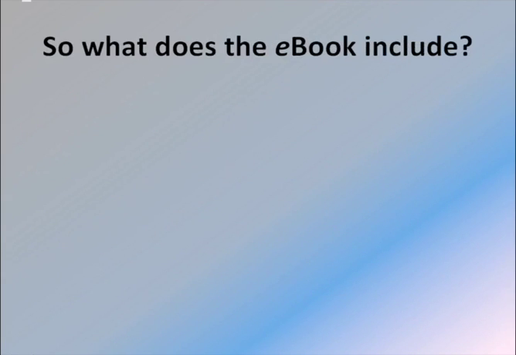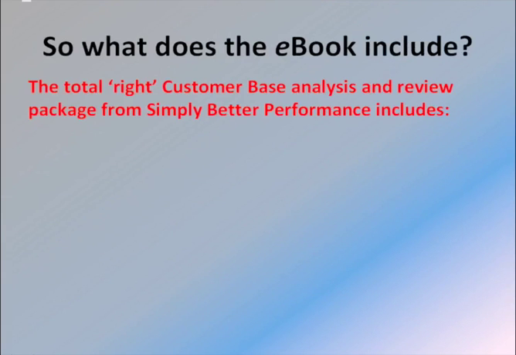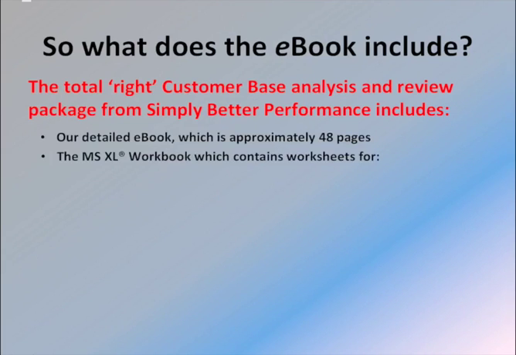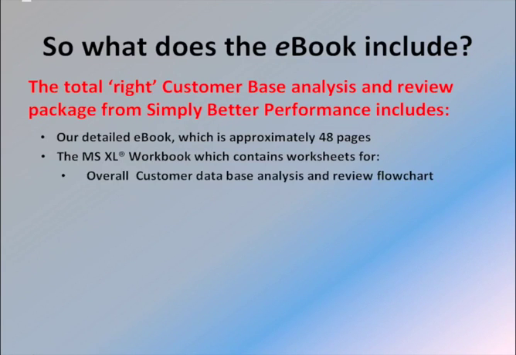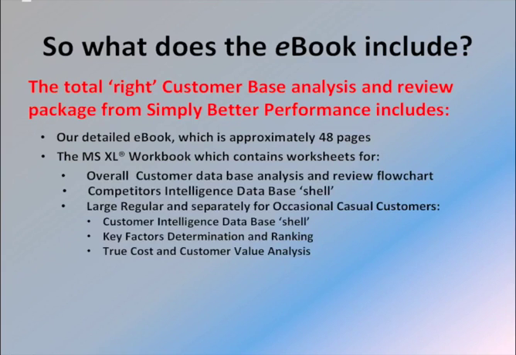So what does the ebook include? Well, the total Right Customer Base analysis and review package from Simply Better Performance includes our detailed ebook and the workbooks, which contain worksheets for the overall process flowchart, your competitors' intelligence database shell, and, for large, regular and separately for occasional casual customers, a shell for a customer intelligence database.